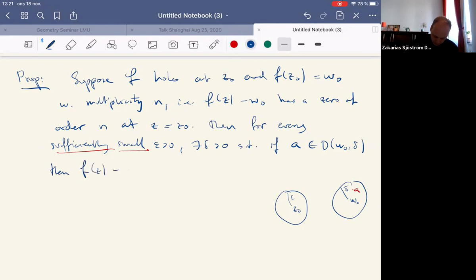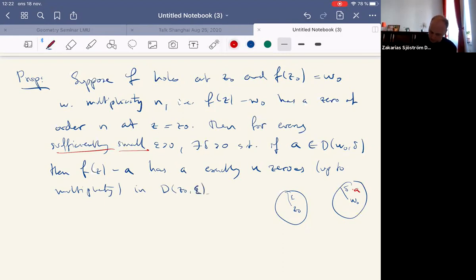then f of z minus a, or if you want this equation, f of z equals a, this function here has exactly n zeros up to multiplicity in this disk around z0 of radius epsilon.